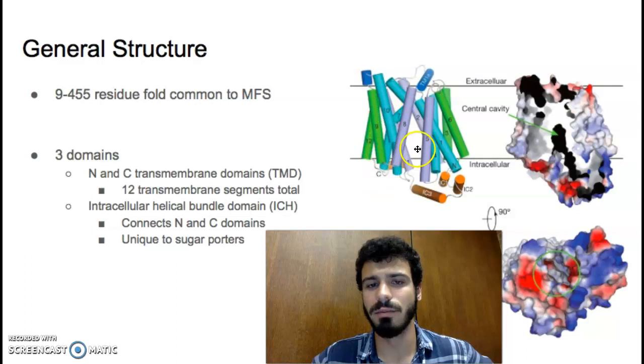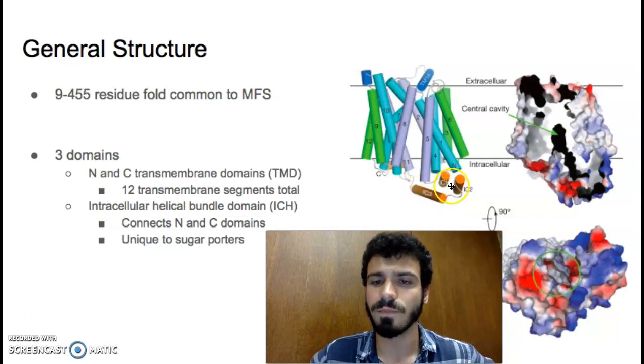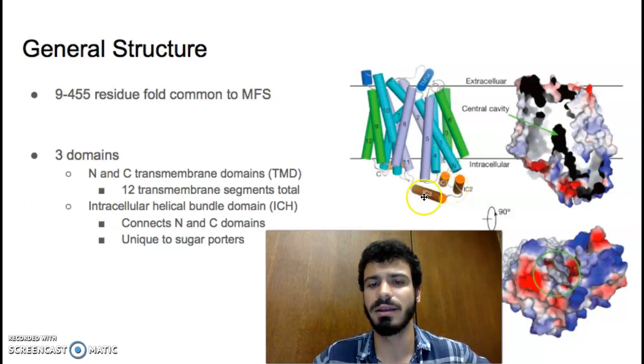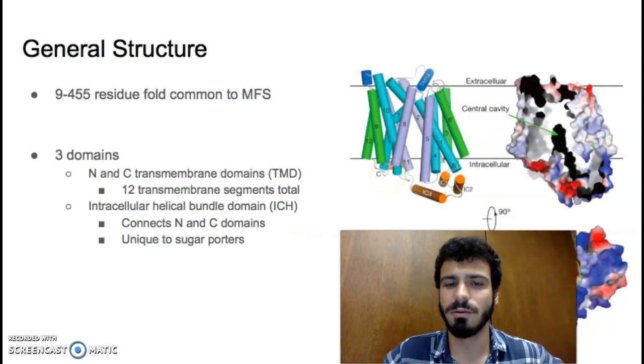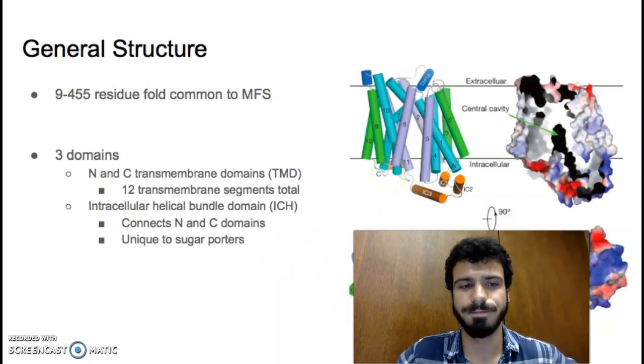These are transmembrane domains, which are divided into 12 transmembrane segments total. Then there's an intracellular helical bundle domain here on the intracellular side, which this ICH domain connects the N and the C domain. And interestingly, they seem to be unique to sugar porters. That's an interesting piece there.